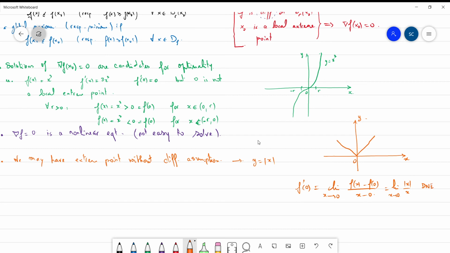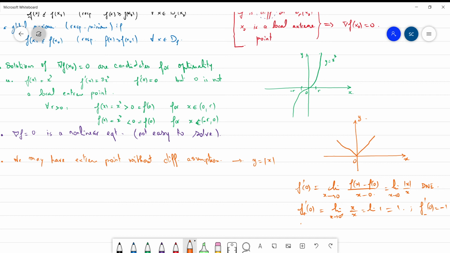Because you will have a limit to the right, which gives you x over x, the limit of 1, which is 1 as x approaches 0 plus, and you will get a limit at the left, which is minus 1. So the limit doesn't exist.